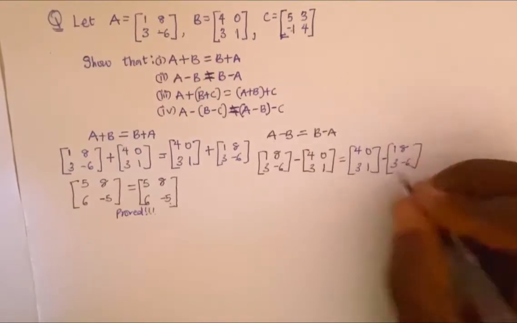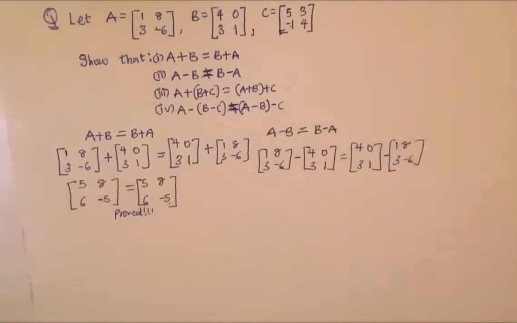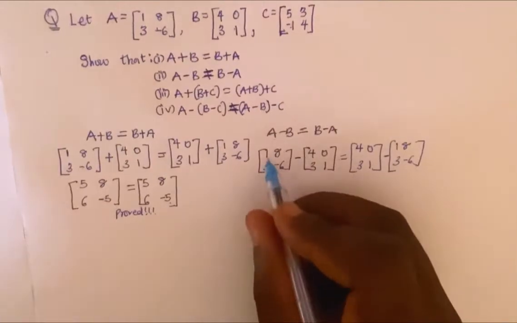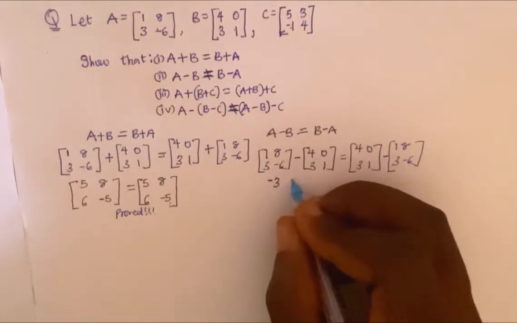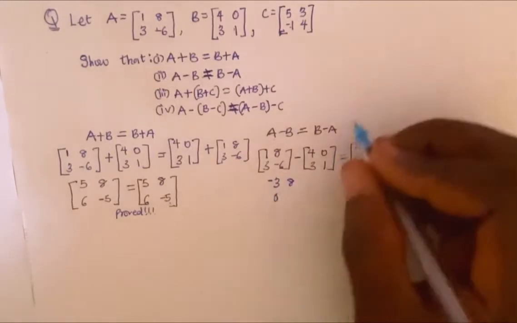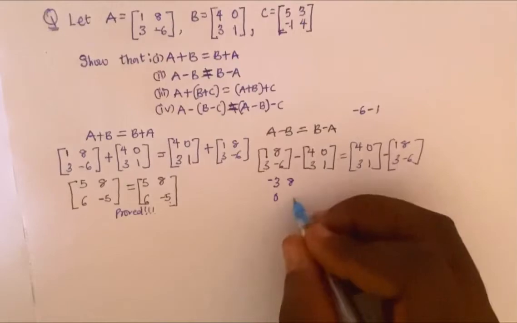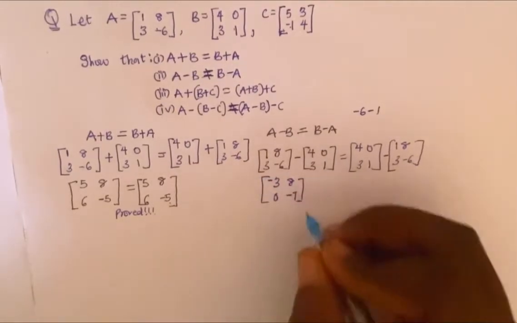So let's go. 1 minus 4 gives me minus 3. This minus 0 is nothing, that's 8. 3 minus 3 is 0. Minus 6 minus 1 will give you minus 7. So this is the first case.